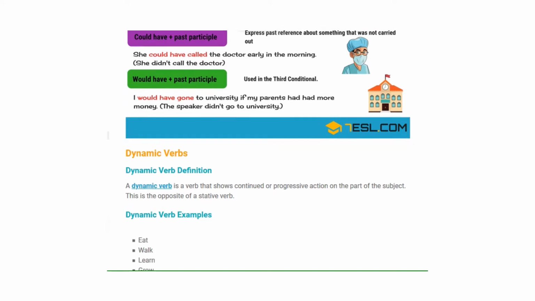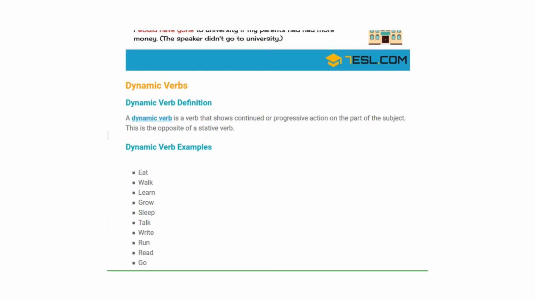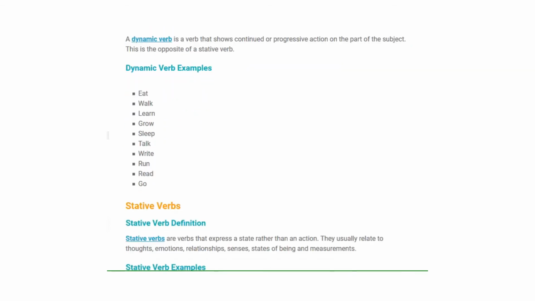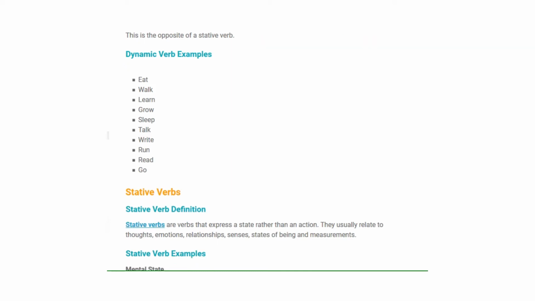So, we move on to dynamic verbs. A dynamic verb is a verb that shows continued or progressive action on the part of the subject. This is the opposite of stative verb. So, examples of dynamic verbs: eat, walk, learn, grow, sleep, talk, write, run, read, go.